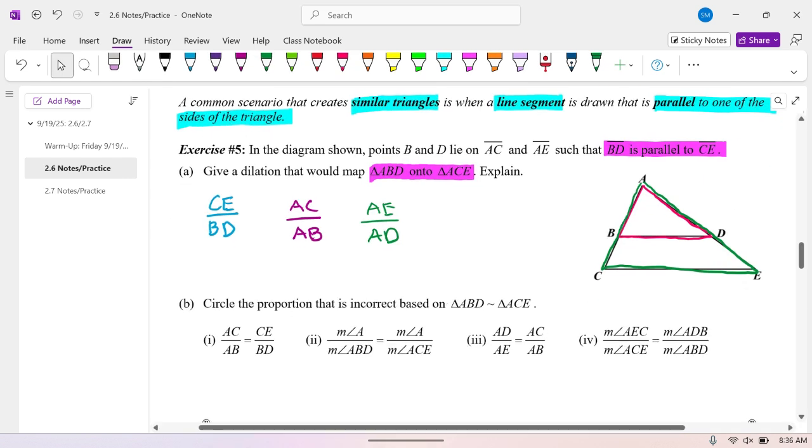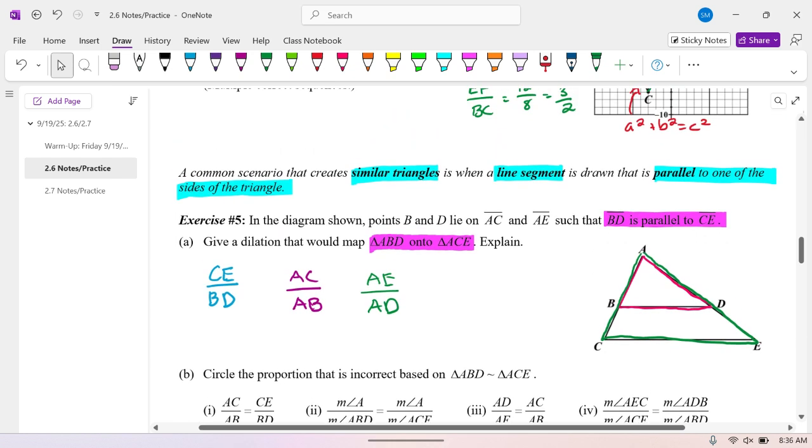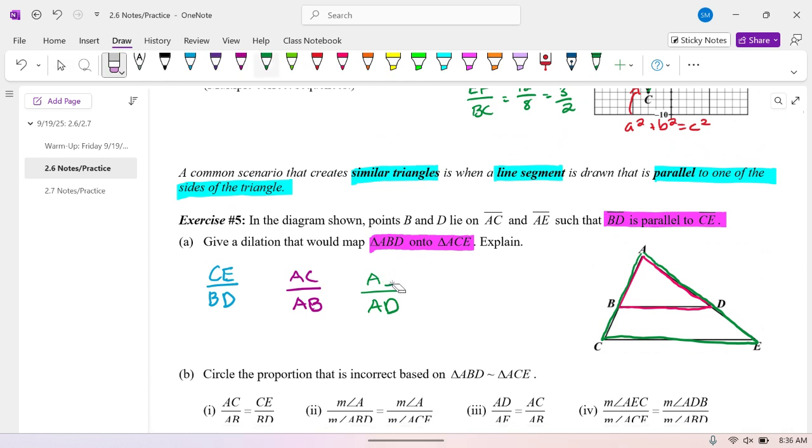Now, what has to be true about all three of these? So if we put numbers in for each of these, what has to be true about all three of these proportions? They have to be the same scale factor.